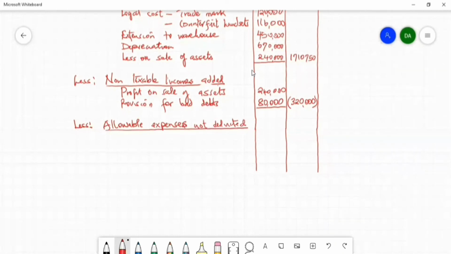We'll deduct allowable expenses which have not yet been deducted, and such expenses in this particular example is only investment allowances. Investment allowances equal to 860. This we need to deduct.